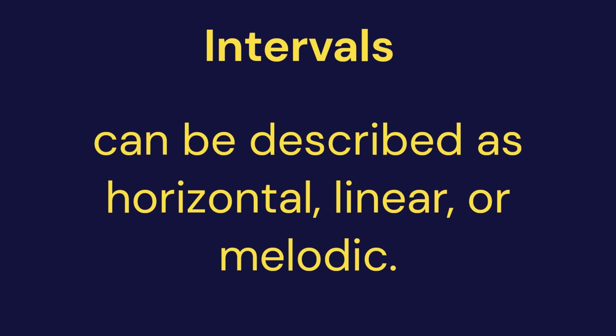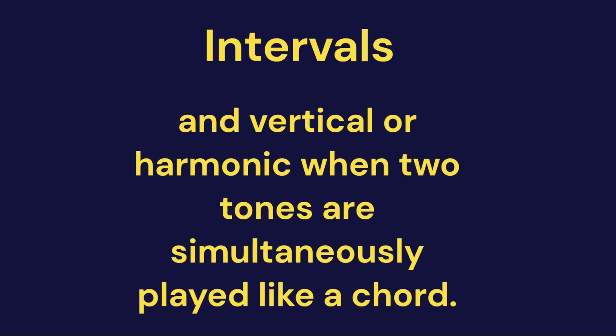Whereas they were also talking about the vertical as well. Vertical is y. So basically, words like horizontal and linear are for melodic, and vertical is for harmonic intervals, and harmonic is another way of saying chords.